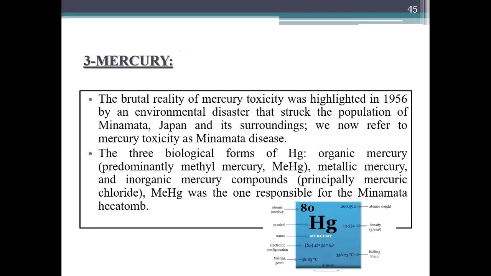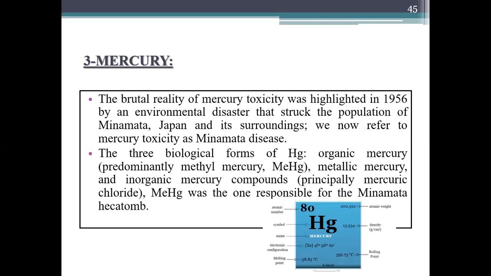Next, mercury. The brutal reality of mercury toxicity was highlighted in 1956 by an environmental disaster that struck the population of Minamata, Japan, and its surroundings. We now refer to mercury toxicity as Minamata disease. There are three biological forms of mercury: organic mercury, metallic mercury, and inorganic mercury compounds, principally mercuric chloride.